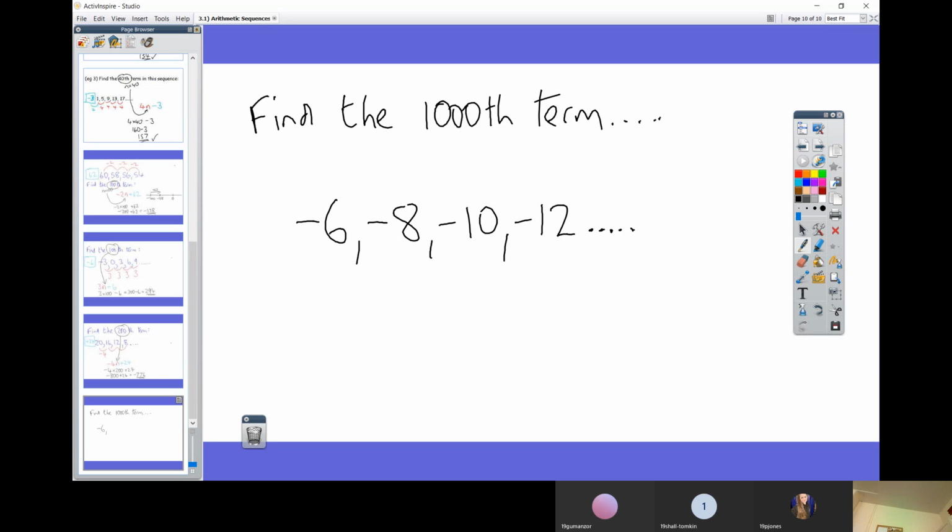Okay, so really concentrate. Just be careful. If you think this sequence is going downwards, then your first step is going to be a negative. That's the mistake Grace and Poppy made last time. It was going down by 4 and they forgot to put minus 4n. So just be ever so careful. Take your time. We're definitely going to move on if everybody in the class gets this right.